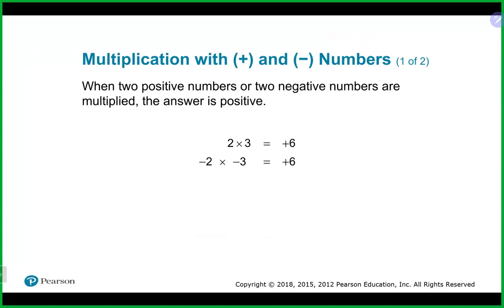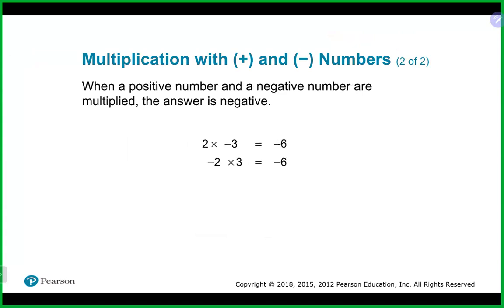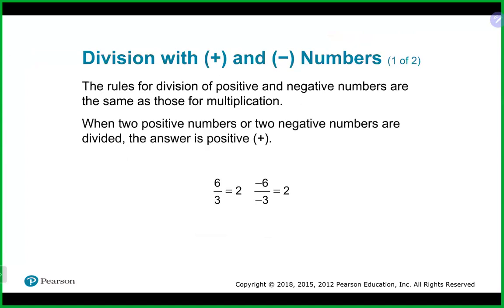If we multiply a positive and a negative number together, we do get a negative number in both of these cases. Also, if we do some division, 2 positive numbers will give us a positive number. And if we divide 2 negative numbers, that also will again give us a positive number.